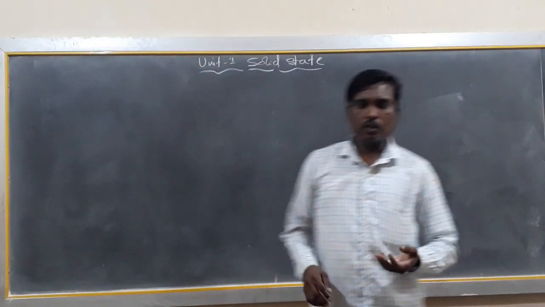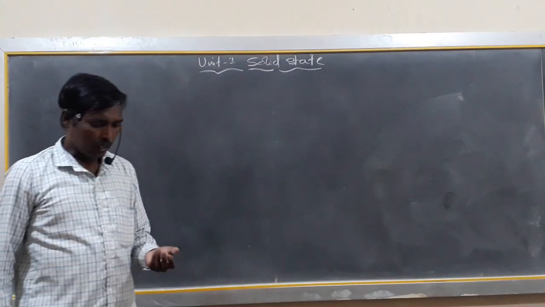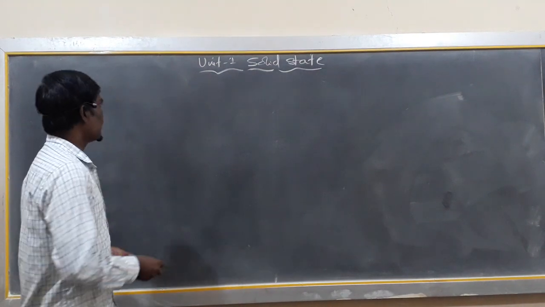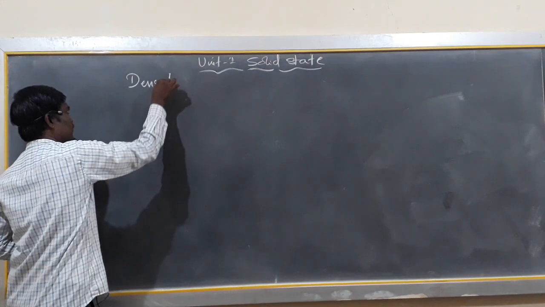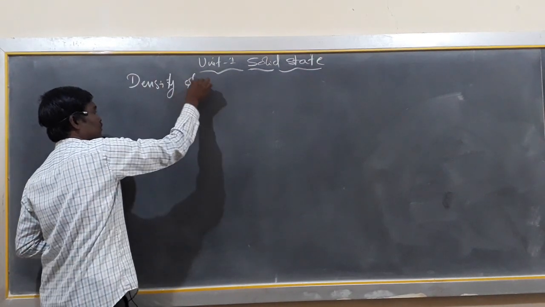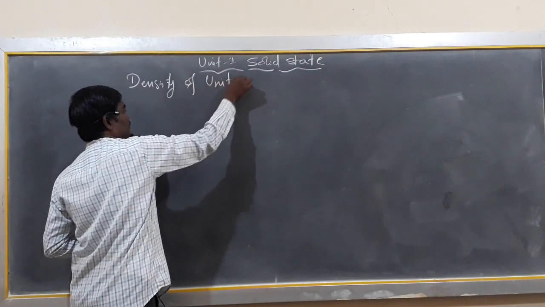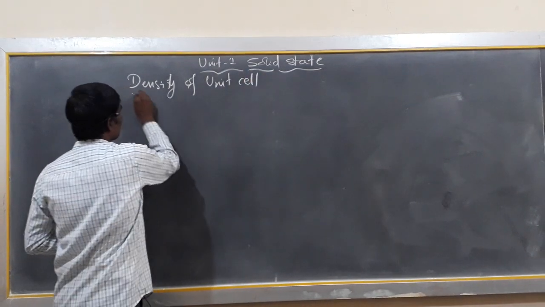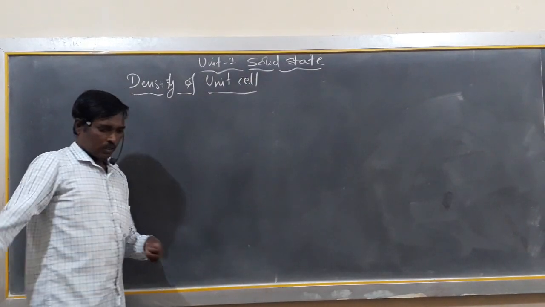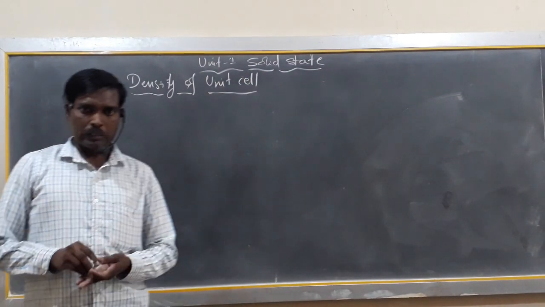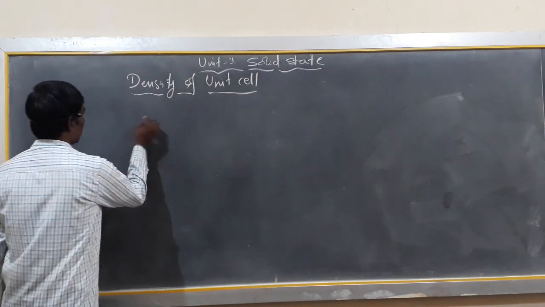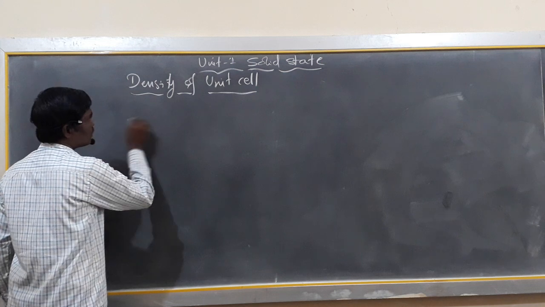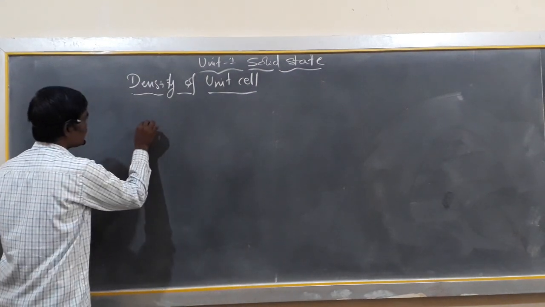today we are going to discuss the density of any unit cell. Friends, density we know is defined as mass by volume. Let me write the density, using the symbol D to denote it.